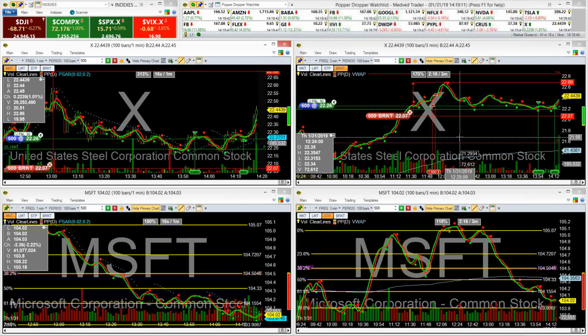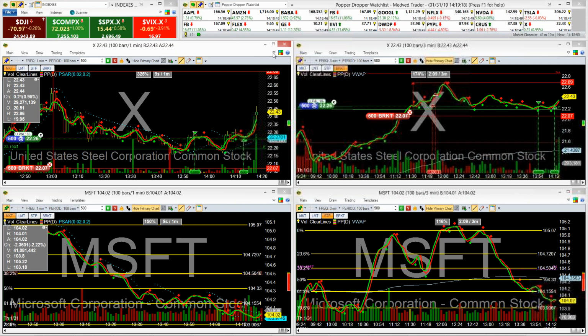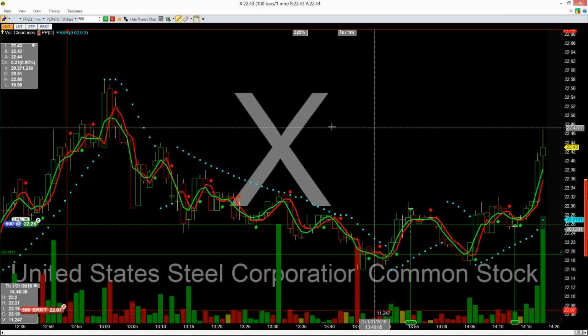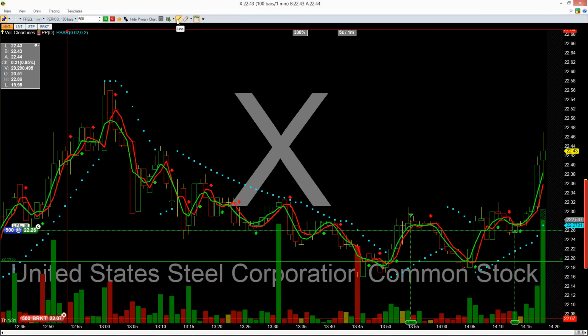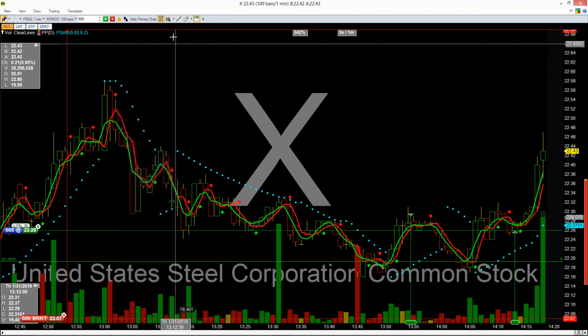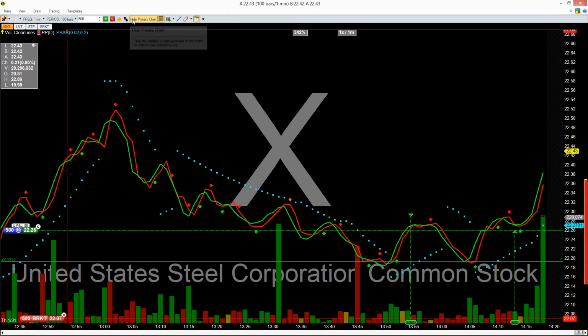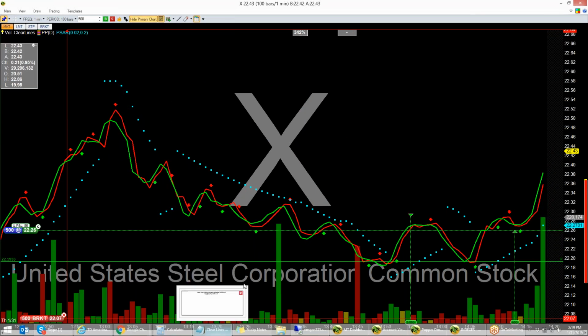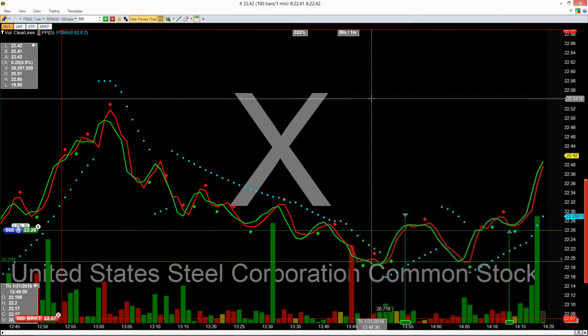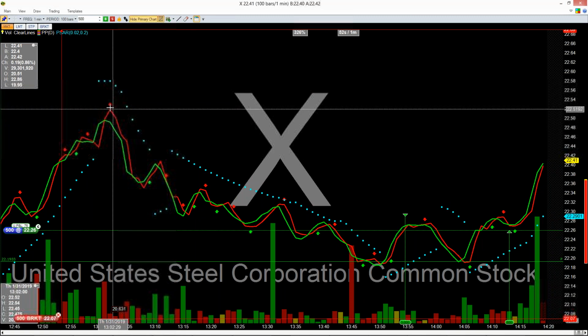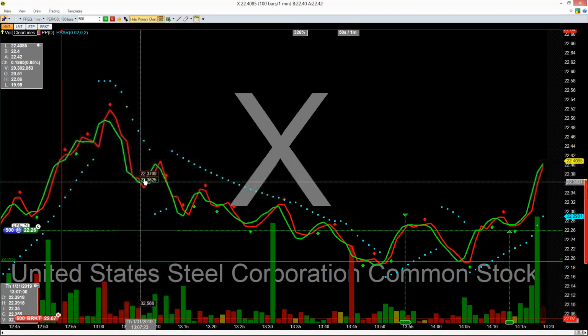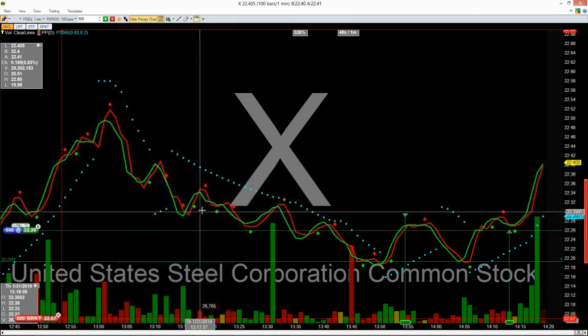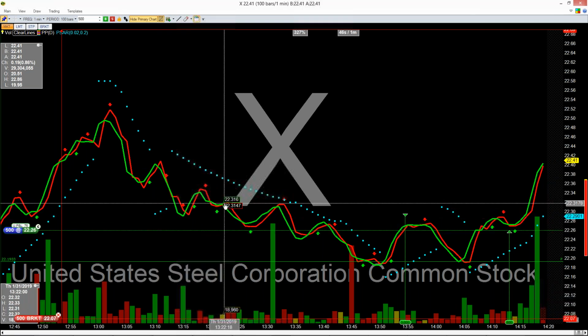Okay. Now, if you're looking at a small time frame, like a 1-minute time frame, obviously, and I'm going to blow this up to full view and remove the candlesticks, you're going to get a lot of arrows and you're going to get some false ones periodically, where it crosses and then uncrosses.